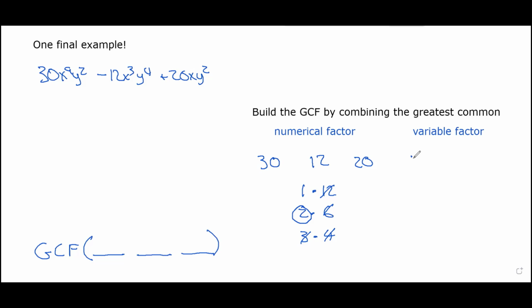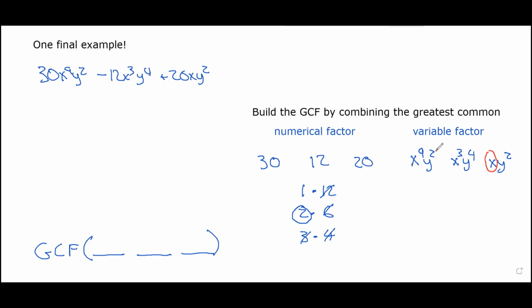Now let's write the variables for each term. The first has x to the 9th y squared. The second is x cubed y to the 4th. And the third is x y squared. X is in common to all three terms, so we'll choose the factor with the lowest power, this lone x. Y is also in common to all three terms, and there's a tie for the lowest power.